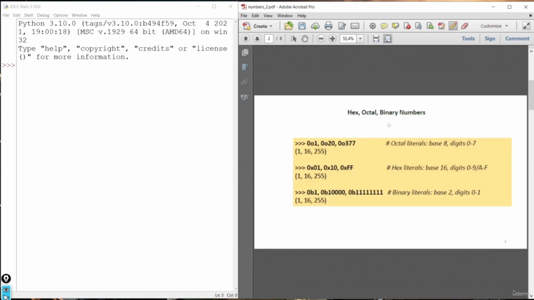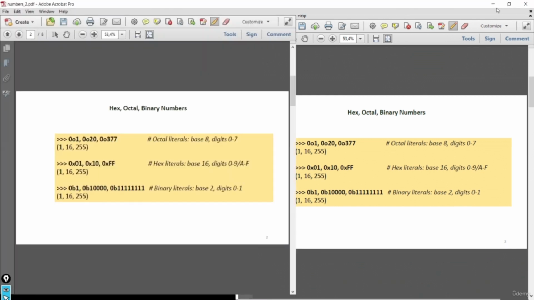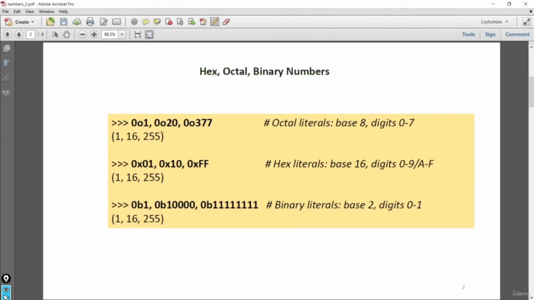Binary, hexadecimal, and octal numbers can be defined in Python. For octal numbers, we first put a 0, then letter O, then digits between 0 and 7 can be placed.